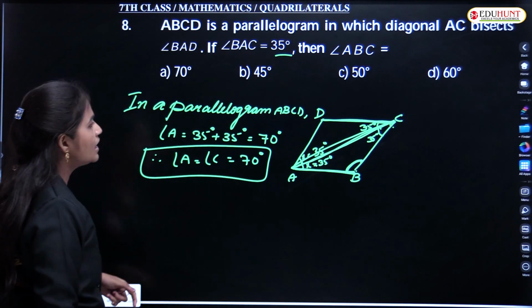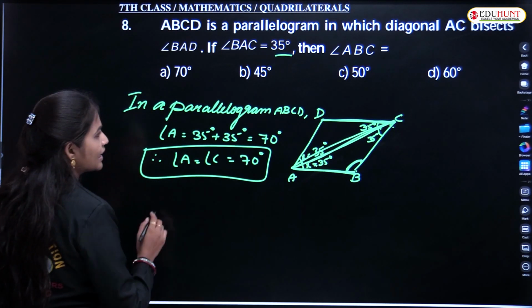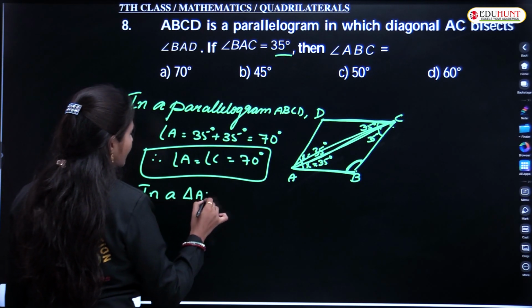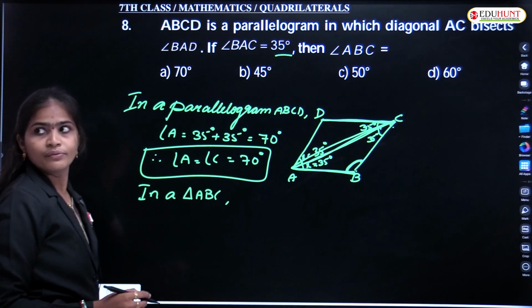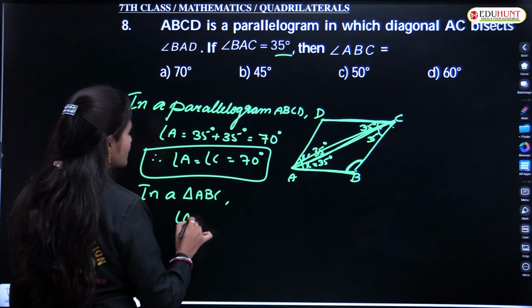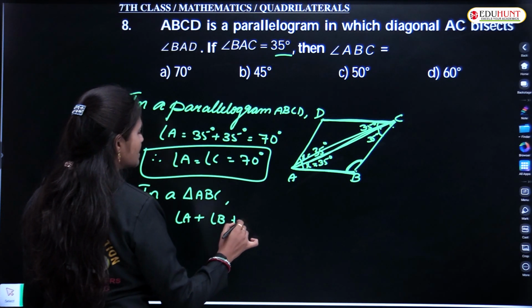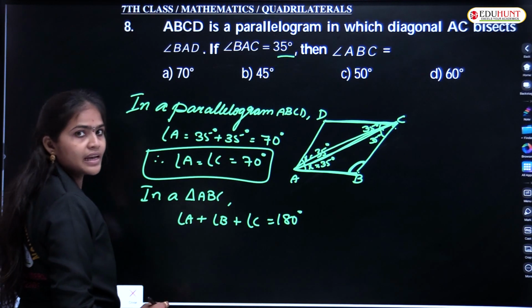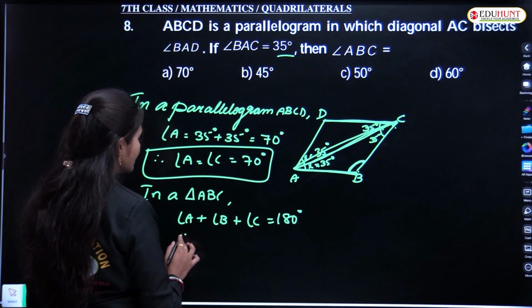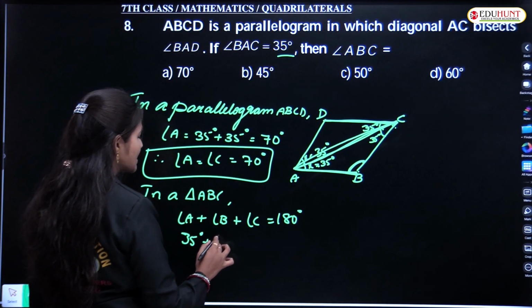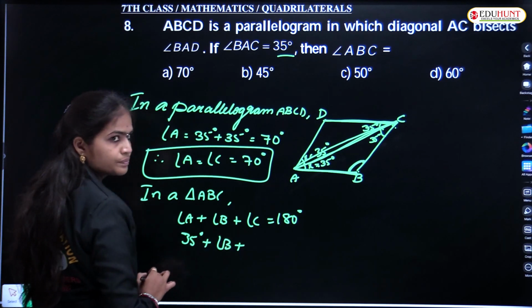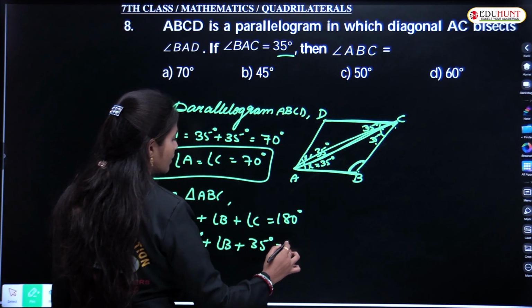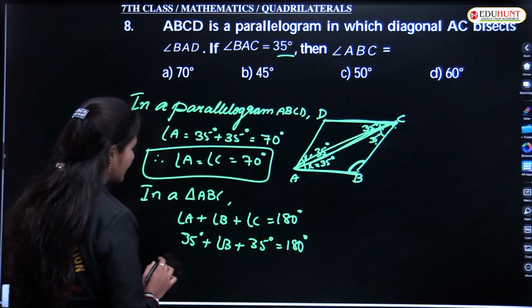Okay, see here, now in triangle ABC we can write that angle A plus angle B plus angle C is equal to 180 degrees, no? So angle A is 35 degrees, plus angle B which we need to find, plus angle C which is 35 degrees, equals 180 degrees.